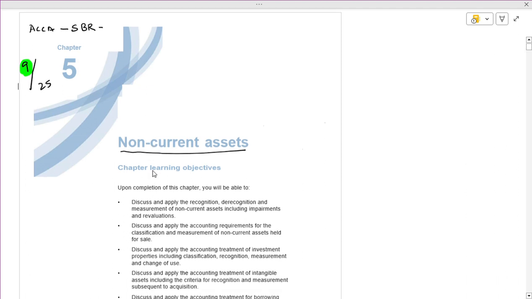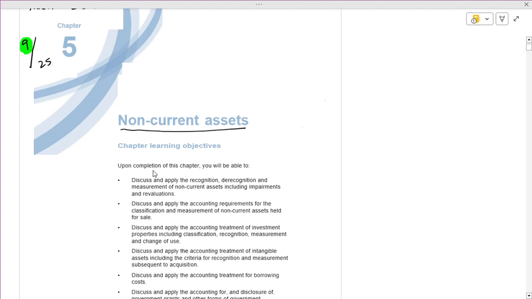When we say non-current assets, immediately what comes to our mind is IAS 16, International Accounting Standard 16, which covers property, plant and equipment. Very simple.